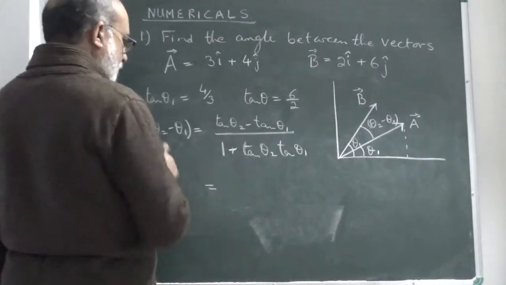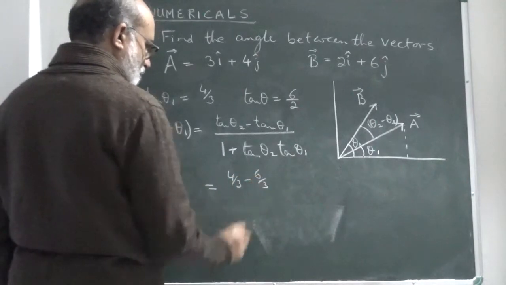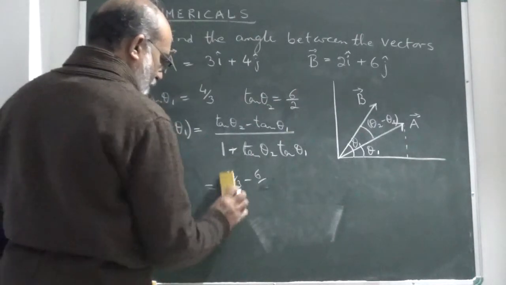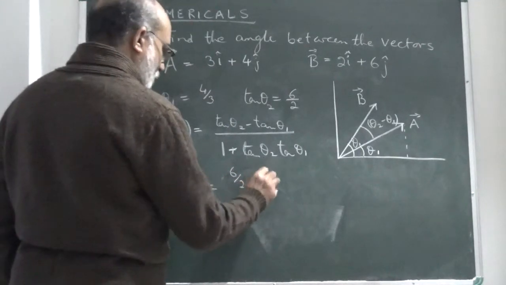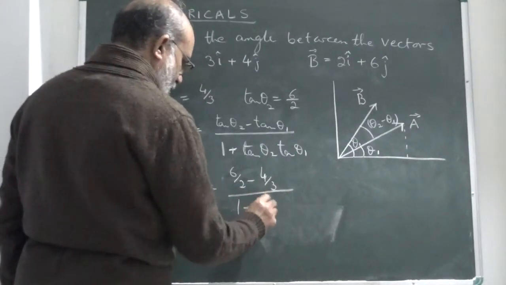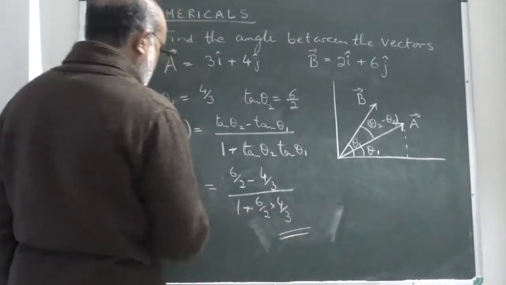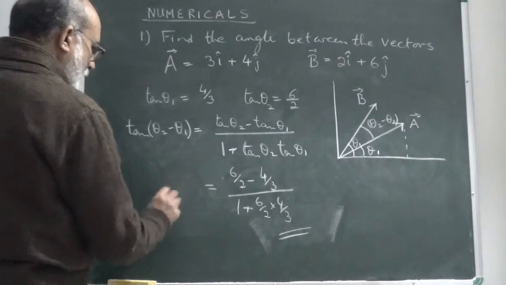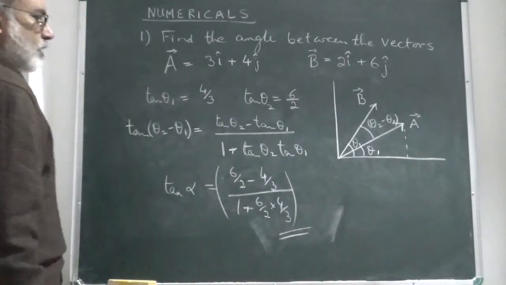Substitute the values: 6 by 2 minus 4 by 3, over 1 plus 6 by 2 times 4 by 3. Work this out and get the answer, the angle between the two vectors. Suppose theta 2 minus theta 1 is alpha, so you get tan alpha from this. This will also give you the same answer.